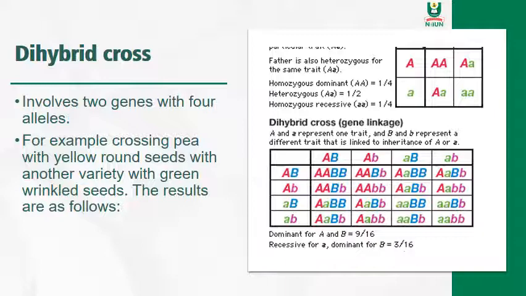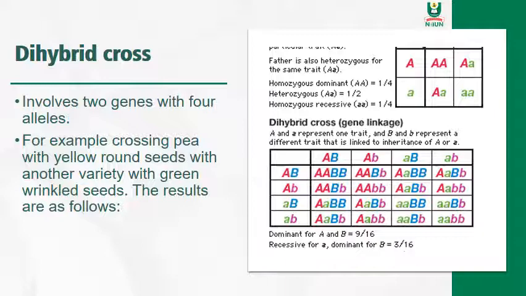You can also see in this picture an example of a dihybrid cross. Here the father is heterozygous for a trait, and you can see it represented by capital A and small letter a. And you have the homozygous dominant like this, the heterozygous like this, and the homozygous recessive like this.